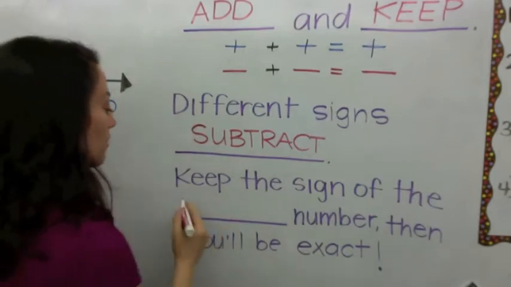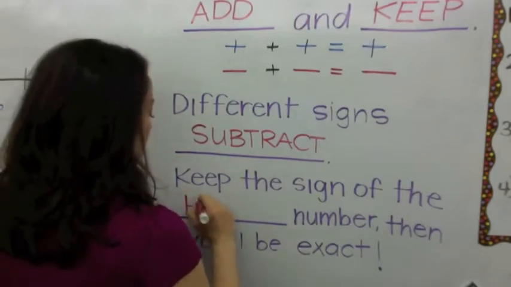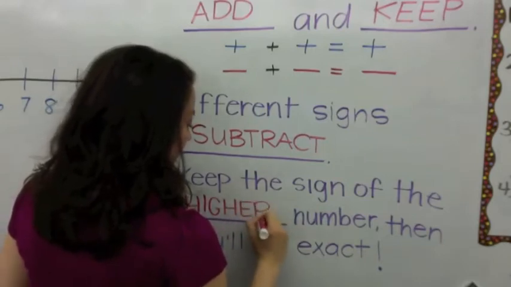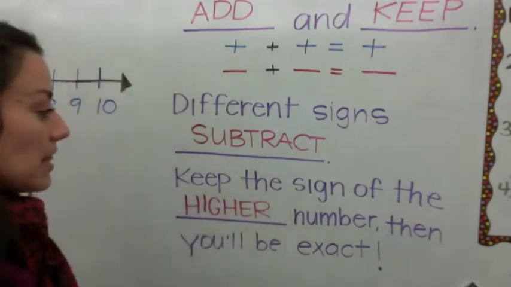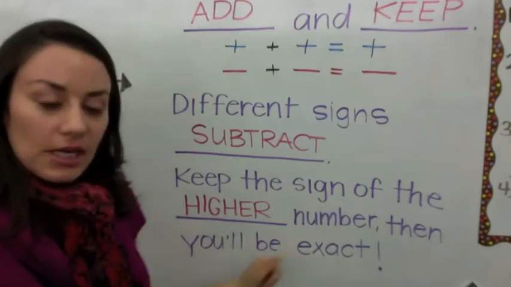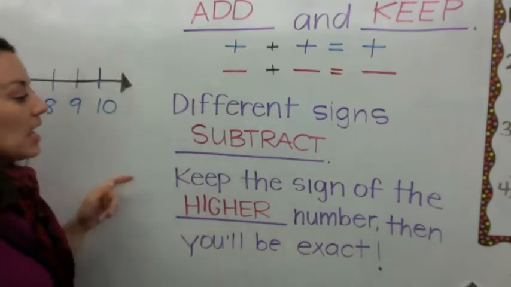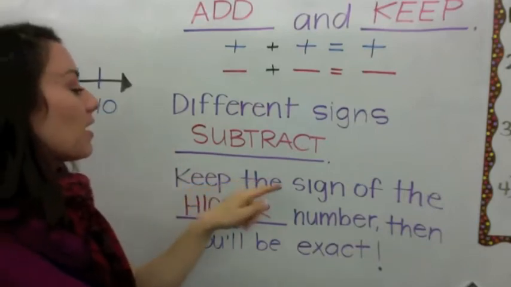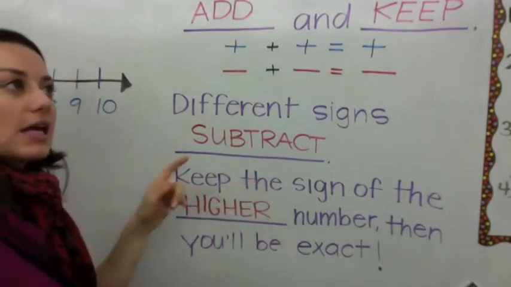Look at whatever number is bigger, and we call this the higher number. Then you'll be exact. The second part of the song goes like this: different signs subtract. Keep the sign of the higher number, then you'll be exact.